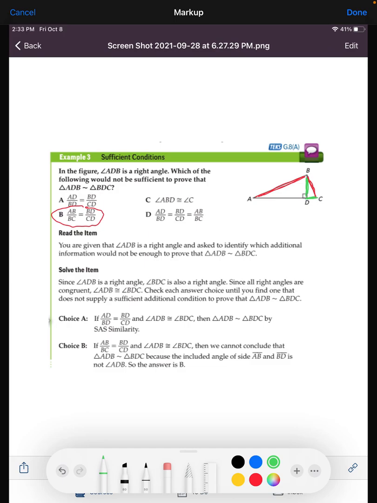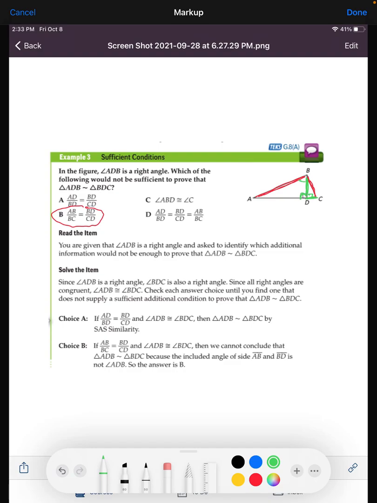So if those are equal, and then we also know that these two angles are equal, we have an angle of side AB and BD, but the reason we can't prove that these are similar triangles is because this angle here is not the included angle.